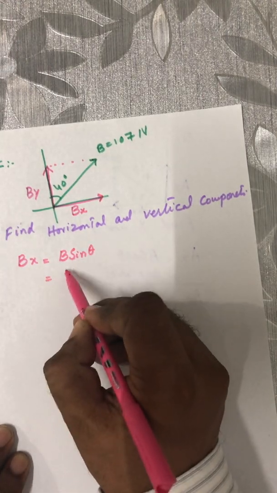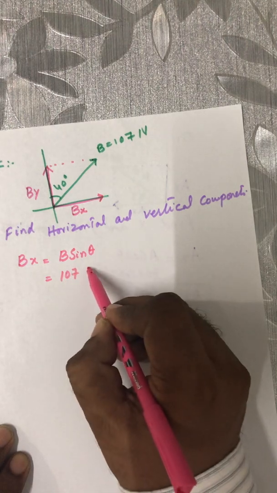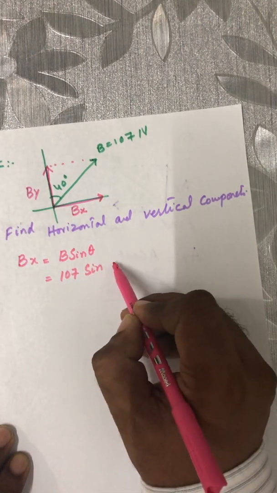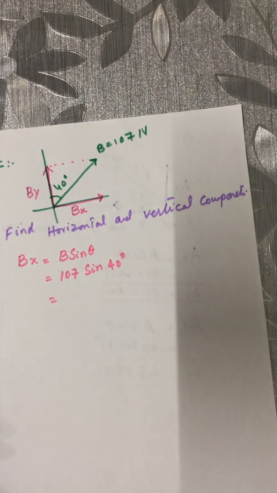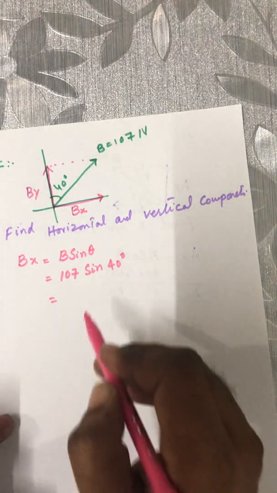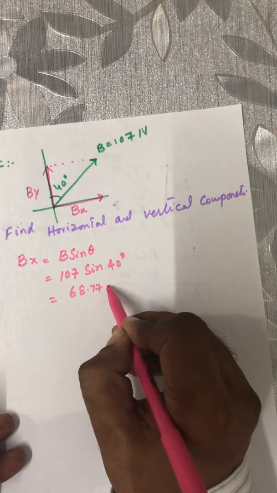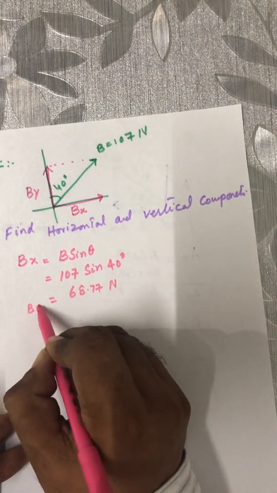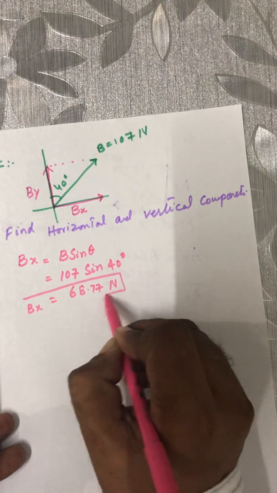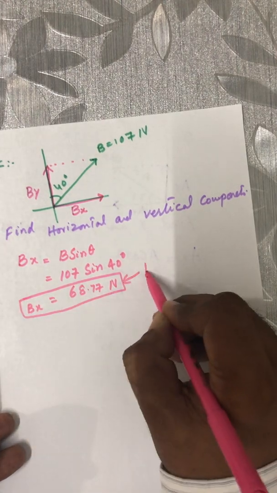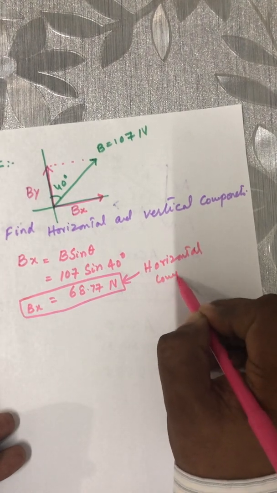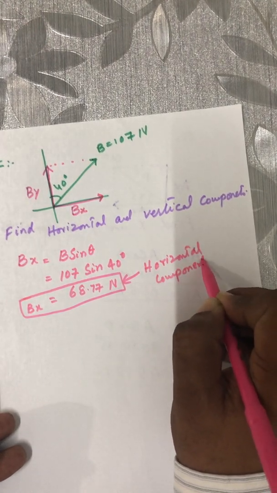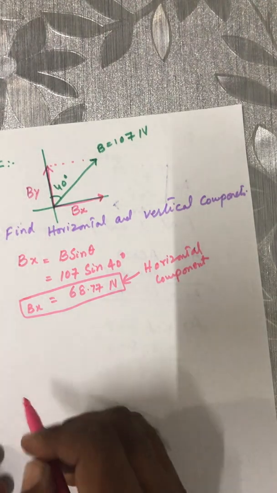That's why B is 107, and then sine of the angle, 40 degrees. So 107 sine 40. By using the calculator we get 68.77 Newton. So this is our horizontal component. Don't be confused, the x component and the horizontal component are both the same.